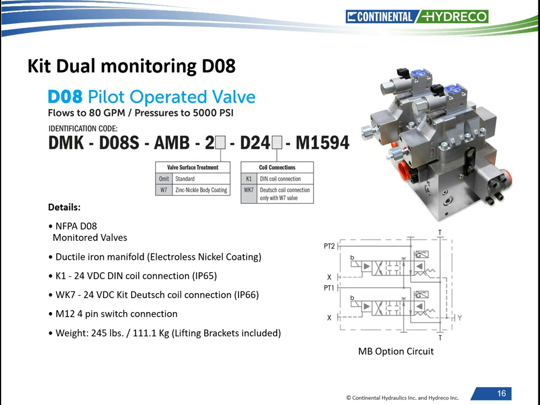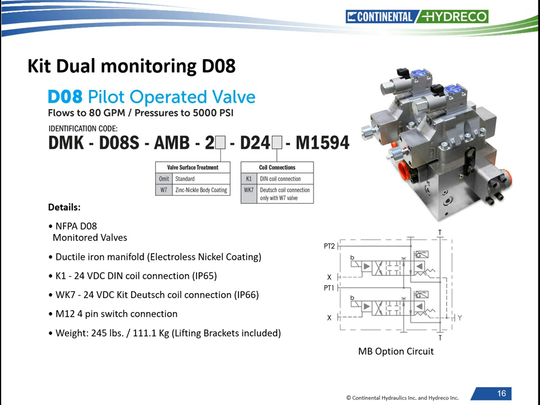The DO8 pilot-operated packages are used for applications for flows up to 80 gallons a minute and 5,000 psi. The pilot-operated dual monitoring versions are standard with external pilot and external drains.